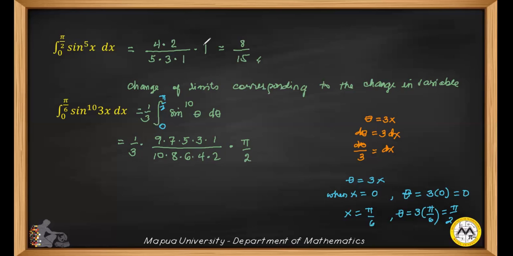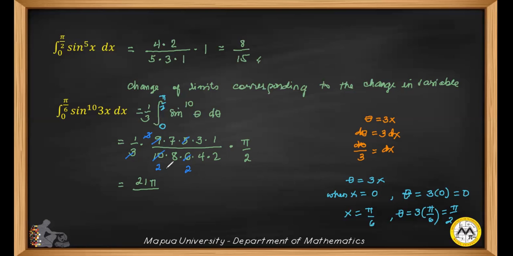Let us just do cancellation. 3 and 9 will give us 3. We have 5 and 10, which gives us 2. Then we have 3 and 6; you can cancel 3, and 6 here will give us 2. Therefore, multiplying the factors in the numerator, we have 7 times 3 is 21, pi.